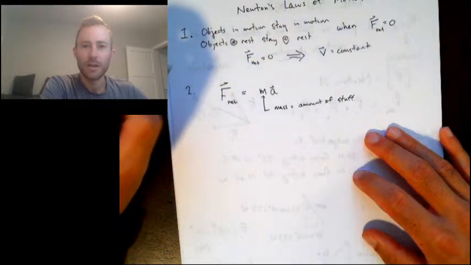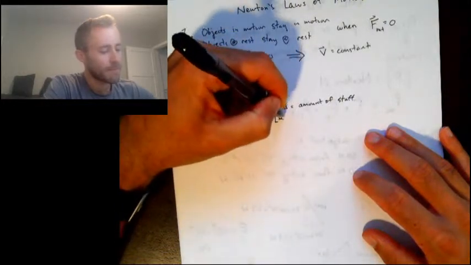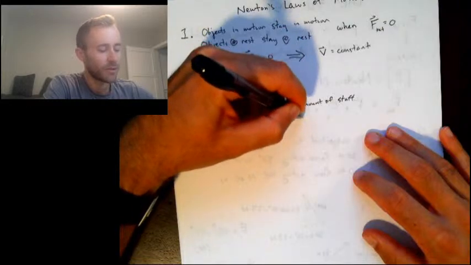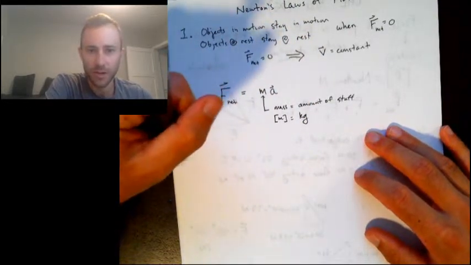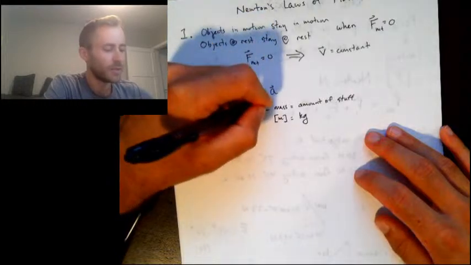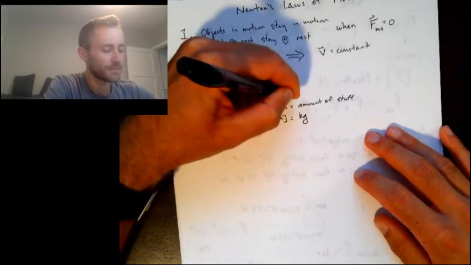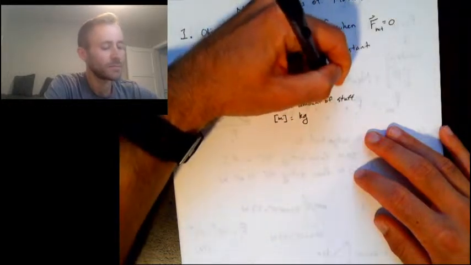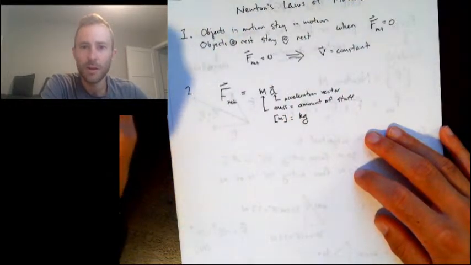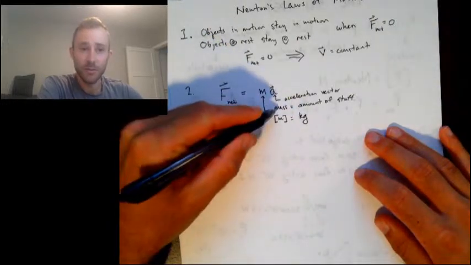Okay, our unit of mass is going to be the kilogram, not the pound, not the gram. We're just measuring mass in kilograms. This right here is the acceleration vector. Okay, and notice how mass is not a vector.